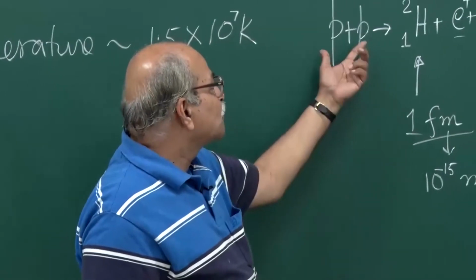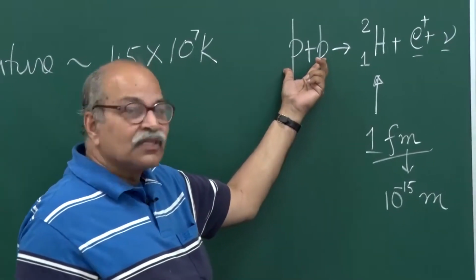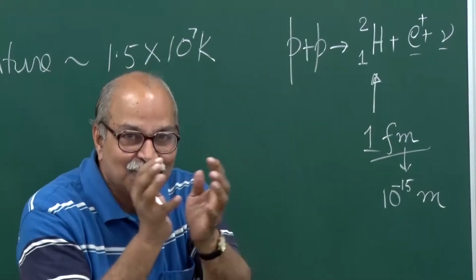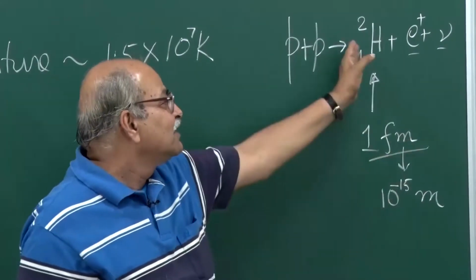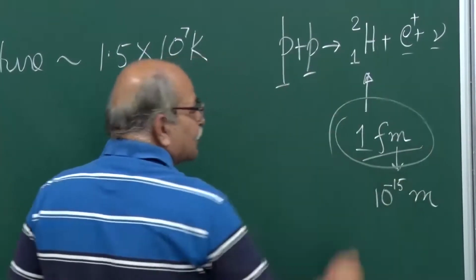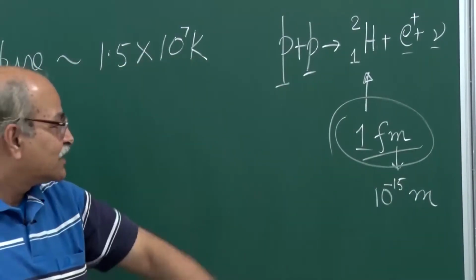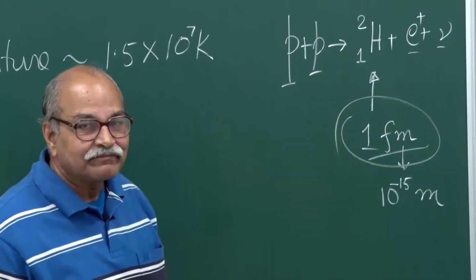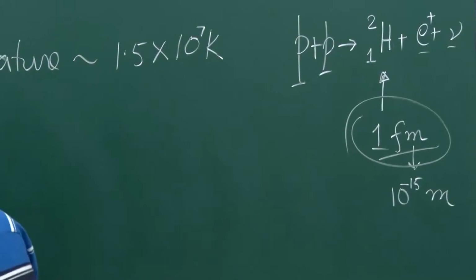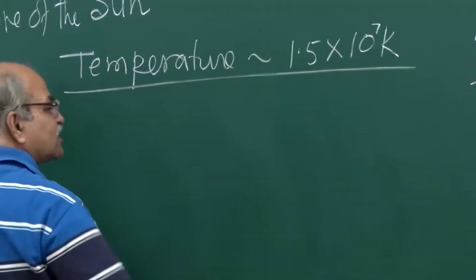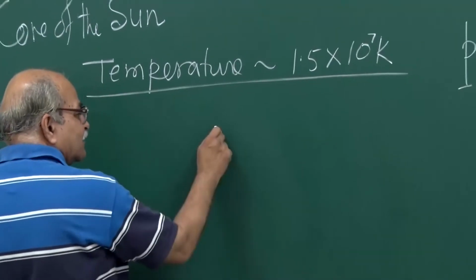So these two protons must come close enough, say at a separation of a femtometer or so, so that they can form this nucleus. So this is important. These two protons should come close enough so that the separation between them is something like this. Now let us say, at this temperature, all protons are moving here and there with random velocities.